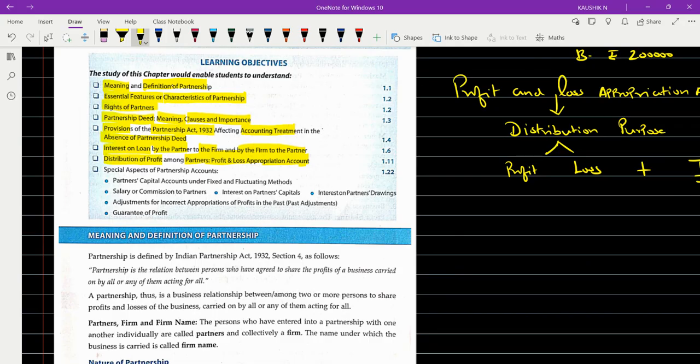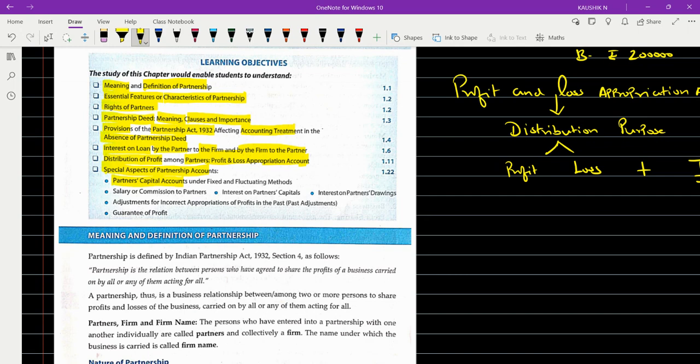Right. Moving further, the special aspects of partnership accounts. What are the special aspects? As you can see, partners' capital account preparation. You would have learned preparing a capital account in your grade 11 based on a journal entry.